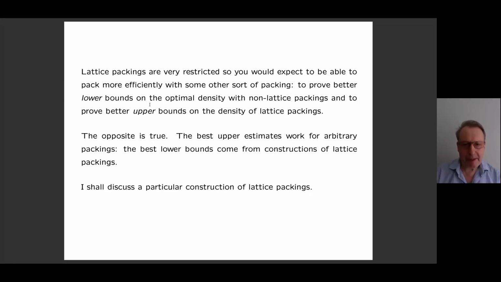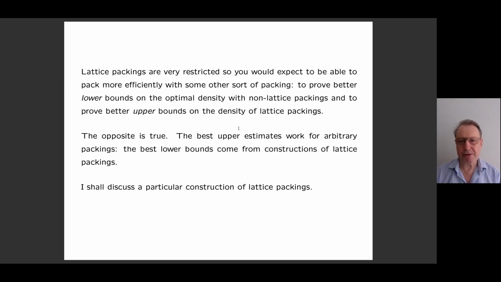Now, lattice packings are very restricted, of course, and so in spirit or in principle, you might expect that it's possible to pack more efficiently with some other sort of packing, some sort of random-like packing, and therefore to prove better lower bounds on the optimal density with non-lattice packings, to show that there are packings which are better than you can show for lattice packings, but to prove better upper bounds on the density of lattice packings because they're so restricted.